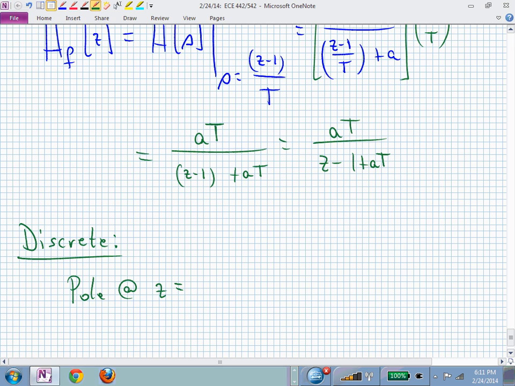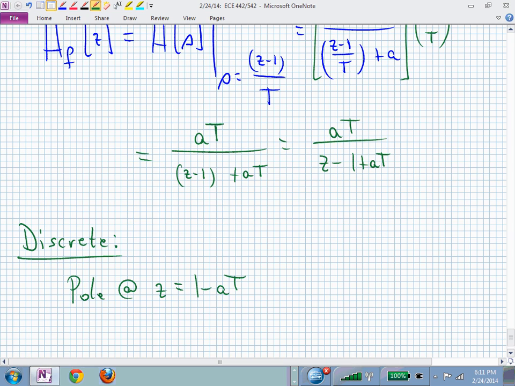So this is now 1 minus aT. And if a was, let's say, 4, let's say we had a low-pass filter with a bandwidth of 4 radians per second. We have a pole at minus 4 in the s-plane, but a itself is 4.